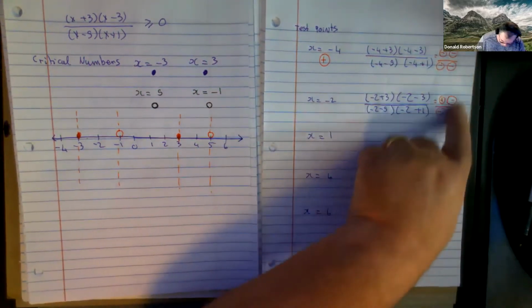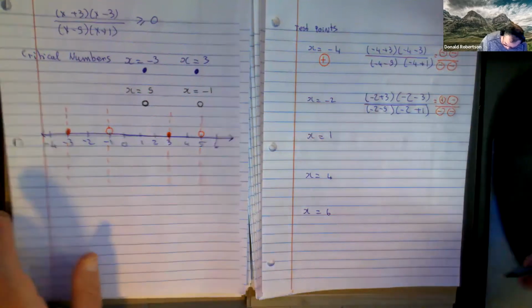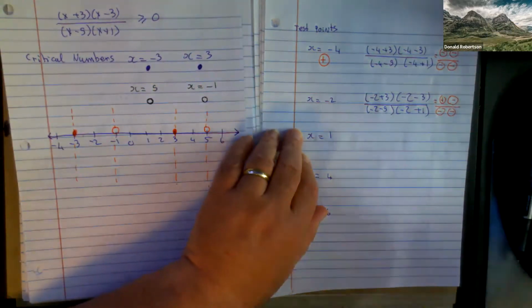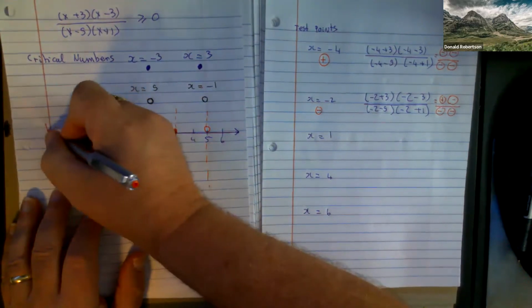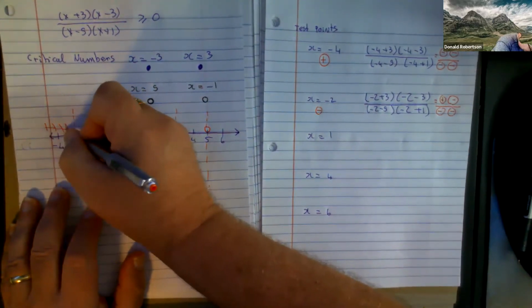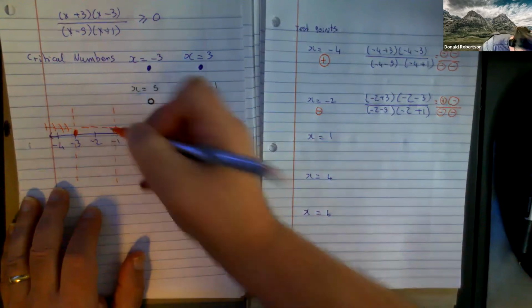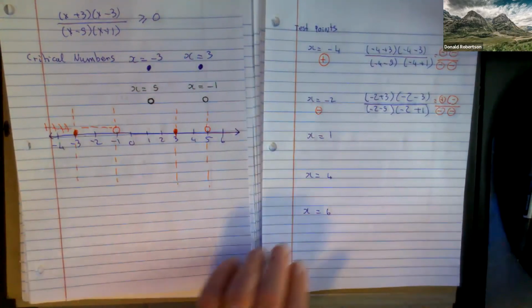So this combination of 3 negatives and 1 positive makes the answer negative. So I should be putting these in there. That lot's positive, that region's negative. Moving on to the next one.